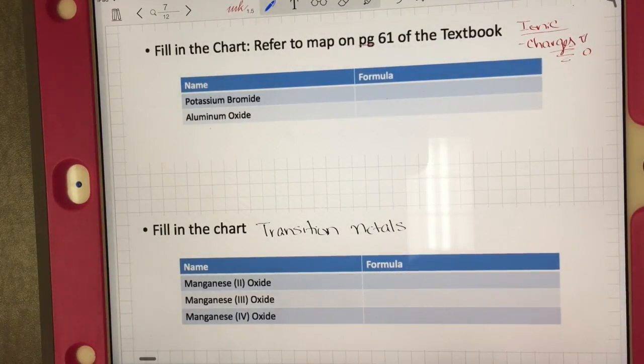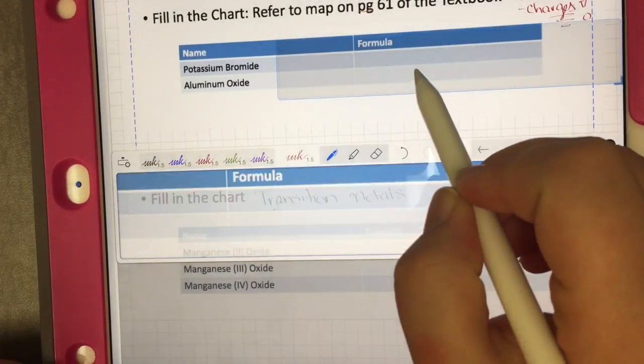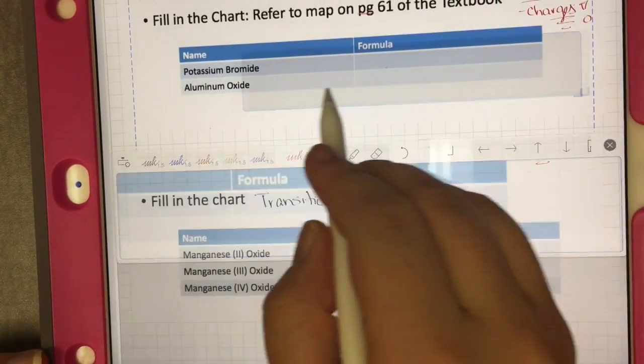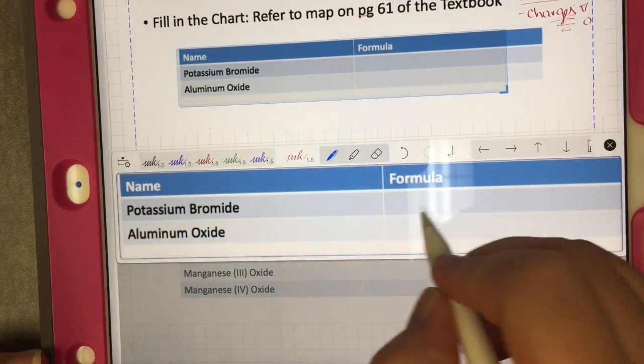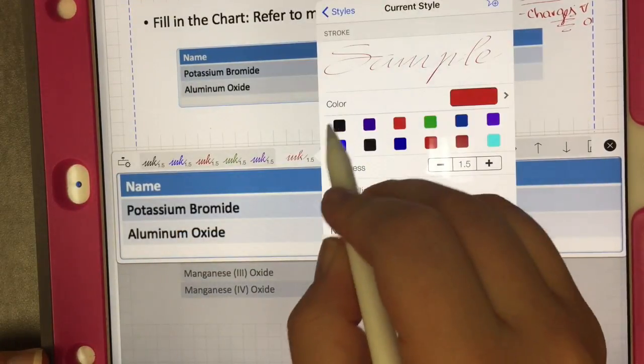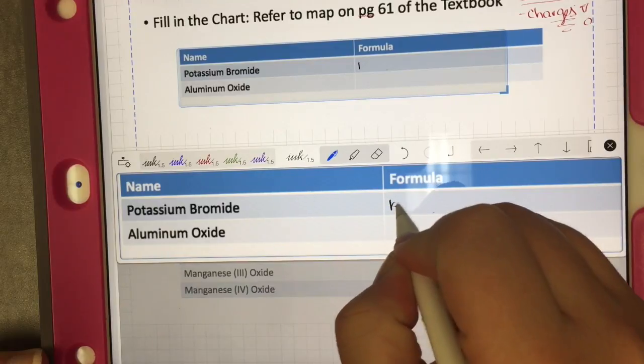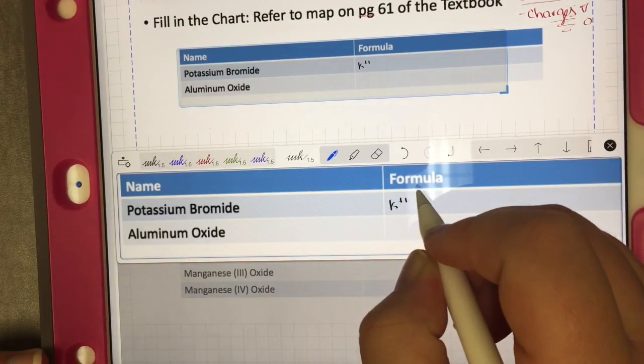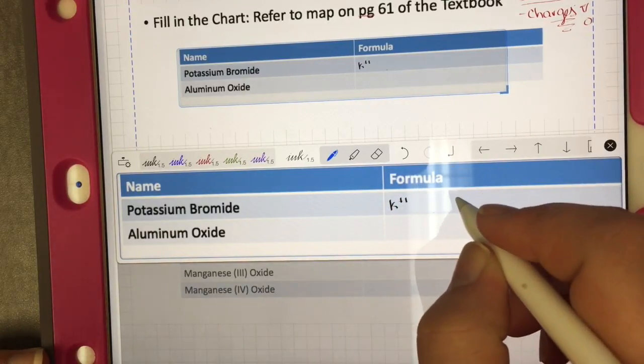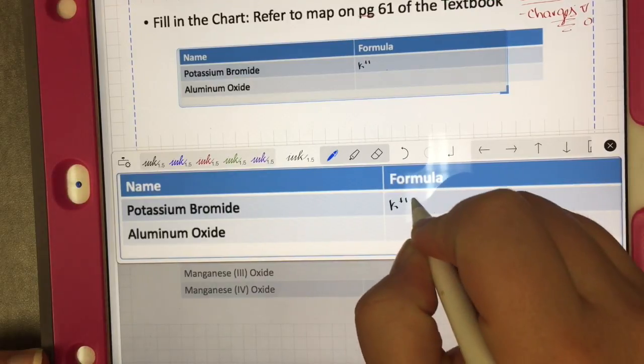Potassium is number 19 on the periodic table, and that charge is +1. And bromide, also bromine, is number 35, and that charge is -1.